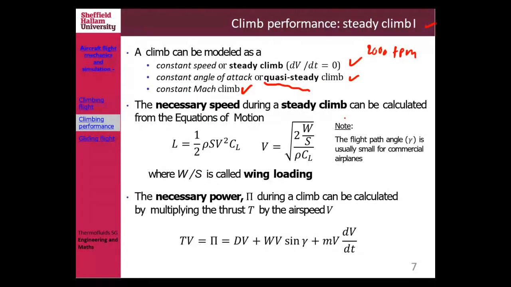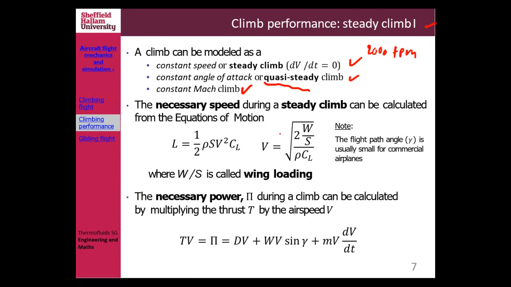But if you are talking about a fighter, obviously the climb rate is so high that the change of Mach number will be quite significant. Then you could do the third one, constant Mach climb. But we're going to have a look at that anyway.